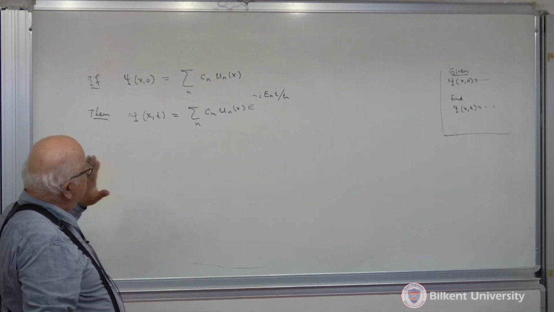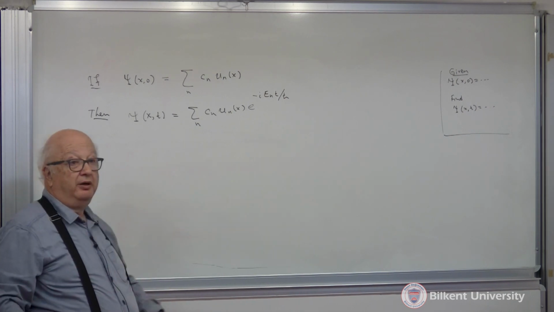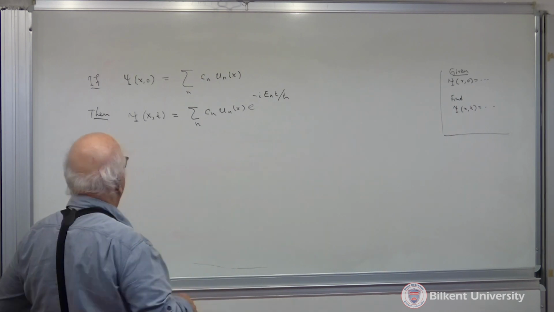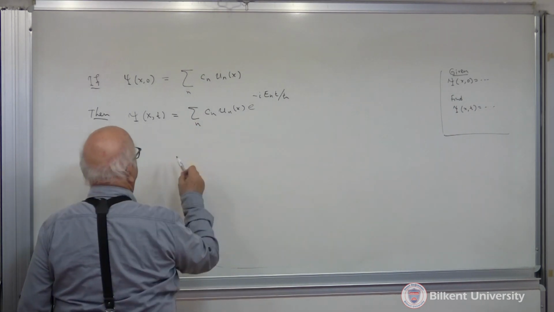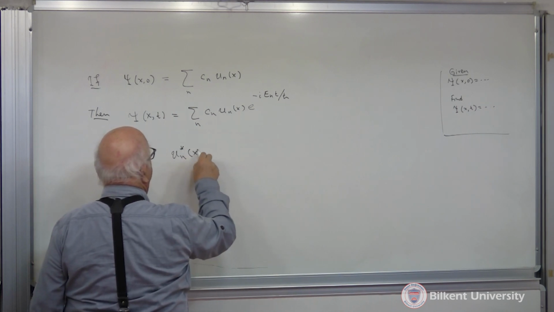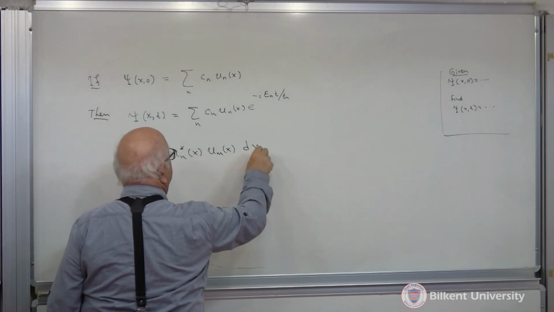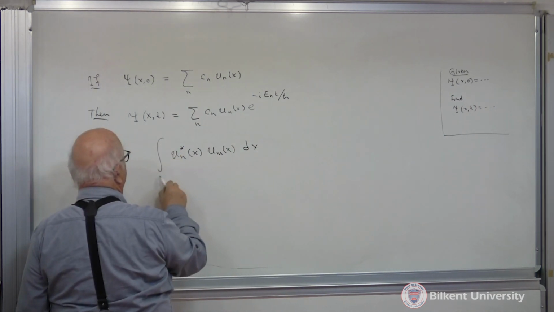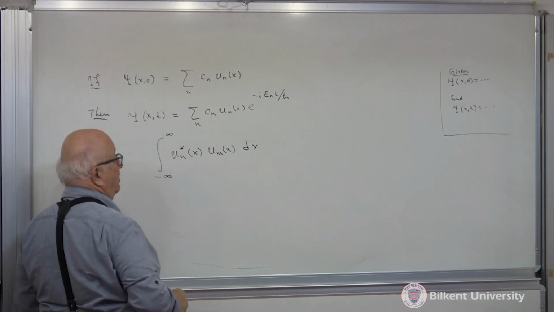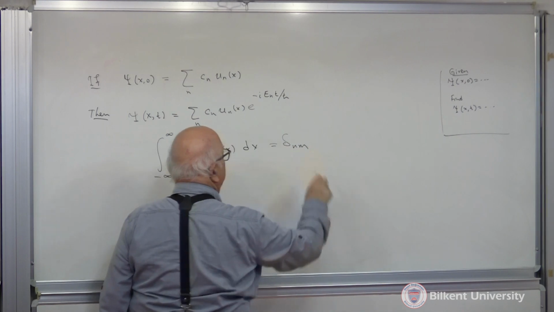I am still looking at the general problem. I am not restricting myself to the infinite well, but I'm going to write an orthogonality relation. So the integral of un star of x times um of x dx, from minus infinity to infinity, is equal to delta nm.